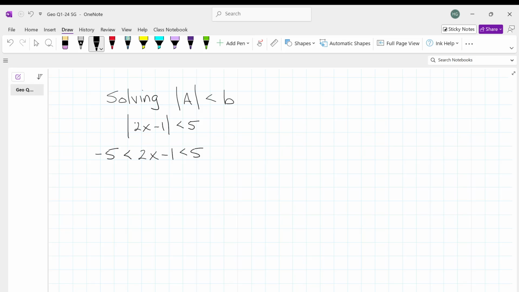So we rewrite it by dropping the absolute value symbol. And then whatever this quantity is, we add the same inequality symbol. And then we add the opposite of the original quantity. So now we just add 1 to the middle, to the right side, and to the left side.